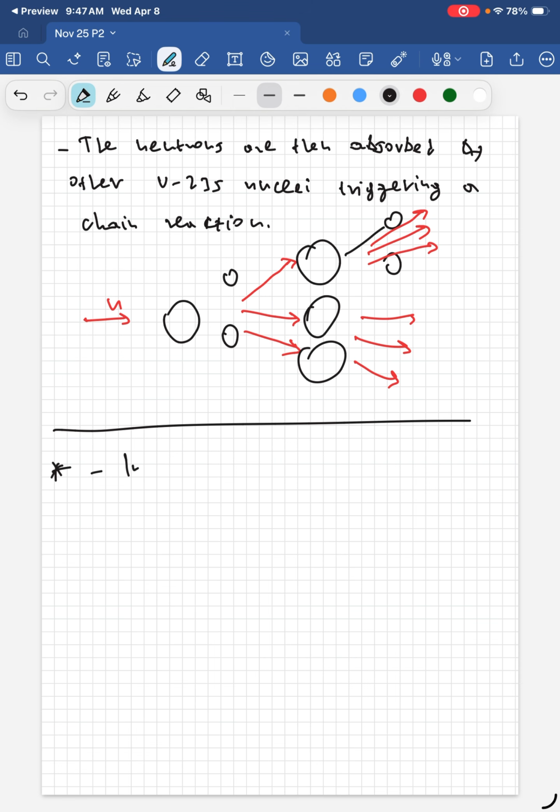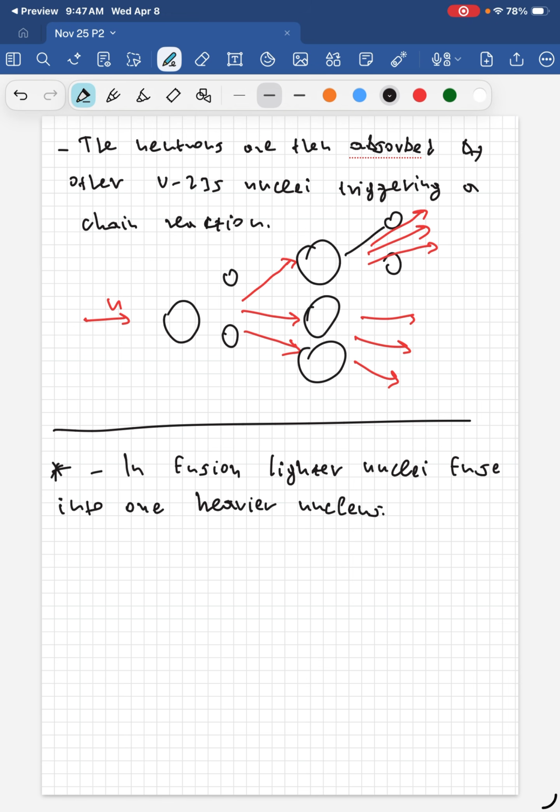So in fusion, lighter nuclei fuse into one heavier nucleus, with, of course, the example of the sun. You don't need to write this in your paper, but I'm just giving you an example.